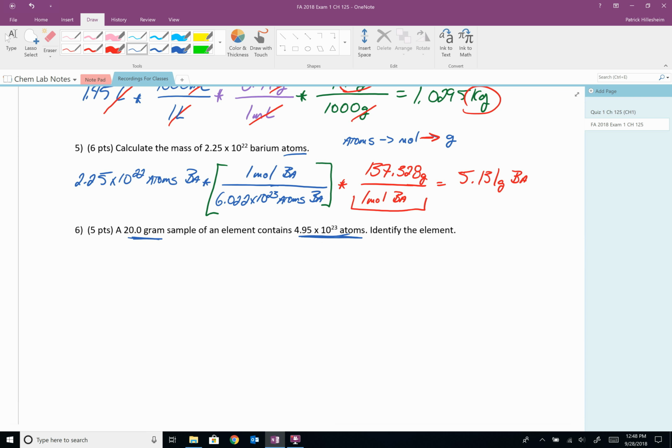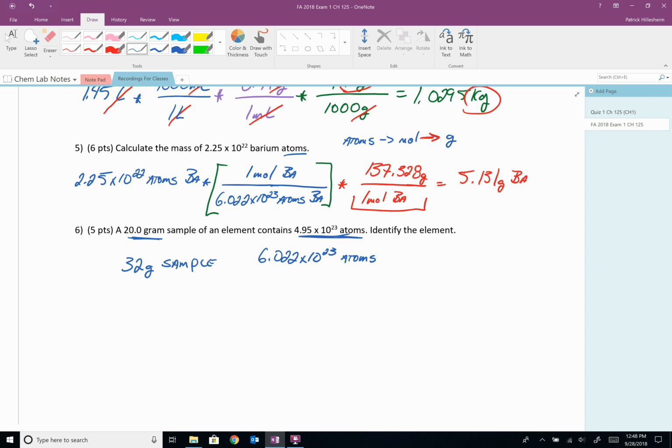Now let's pause for just a second. Let's do a little mind exercise here. Let's say instead I had a 32 gram sample of some unknown element, and I counted that I had 6.022 times 10 to the 23rd atoms in that sample. What would be the identity of this element?